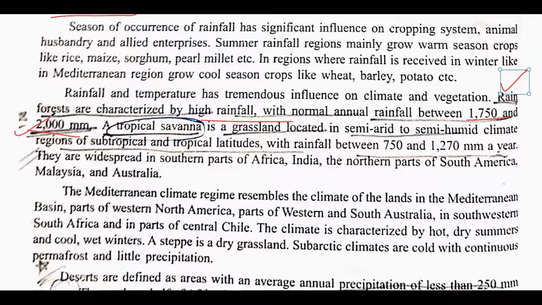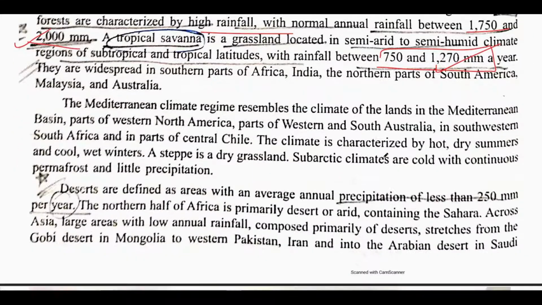A tropical savanna has a rainfall between 750 and 1270 mm per year.